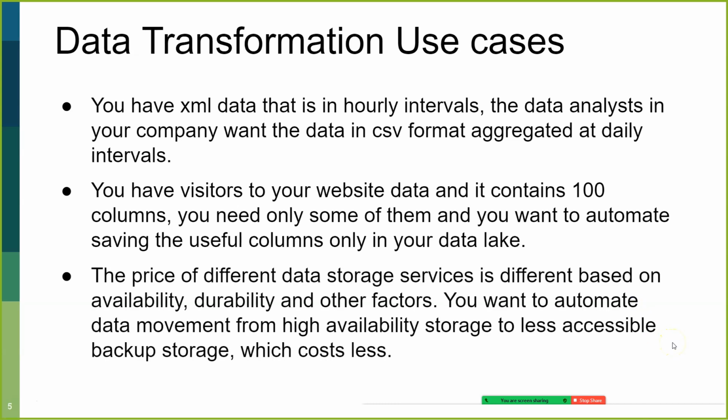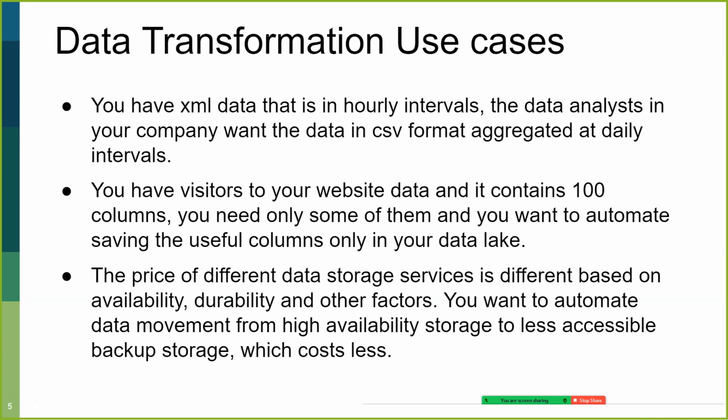Another one is, for example, in Amazon, there are different data storage services, and their prices are also different based on their availability, their durability, and other factors. In some of the services, querying your data could be very fast. In some of them, it could be slower. It could also be less durable. So as you can see, the price changes.